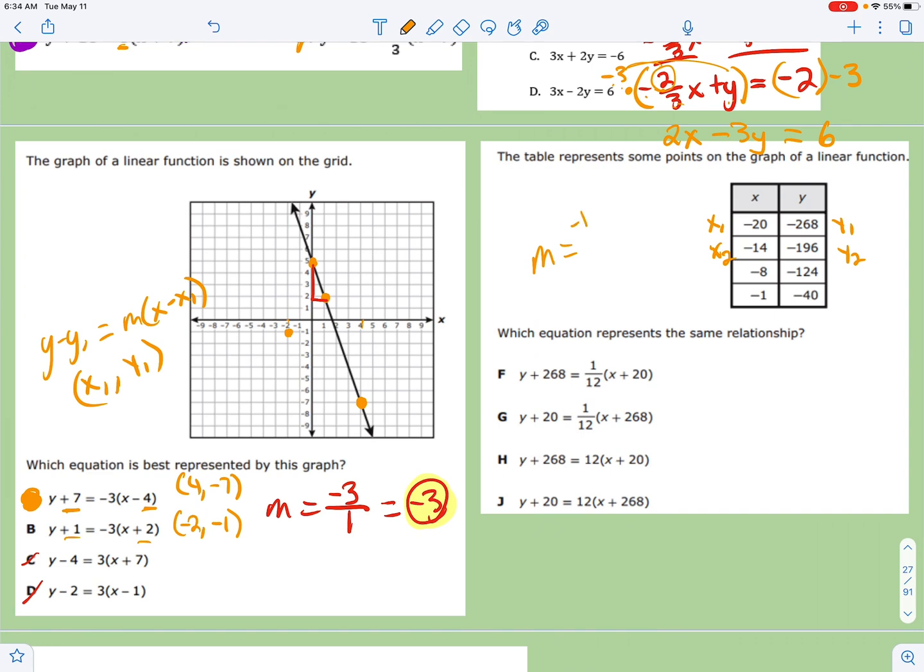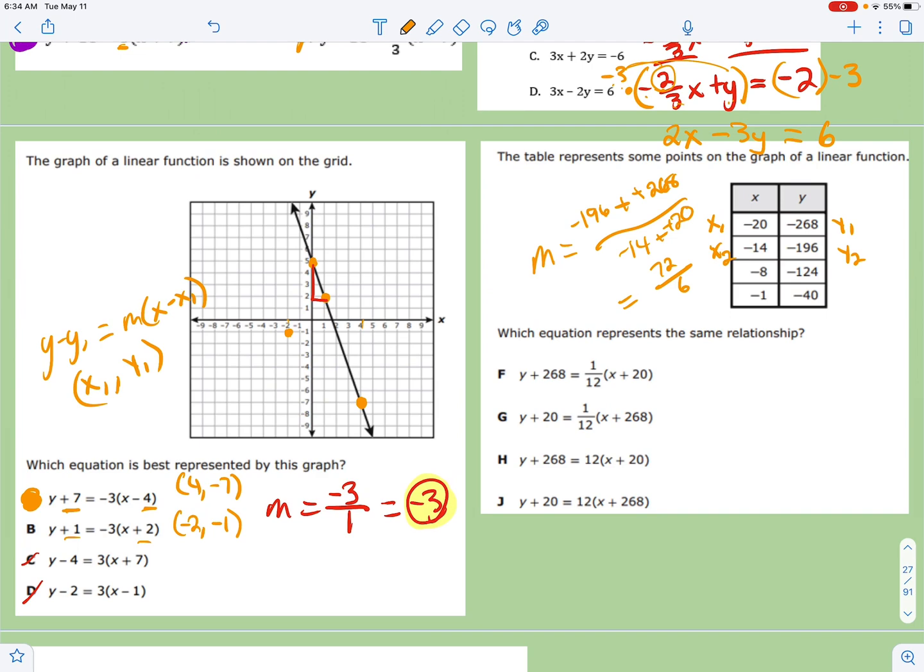So, that's -196 minus -268 divided by -14 minus -20. Double negative becomes plus positive. We already established that. And so this becomes 72 over 6.